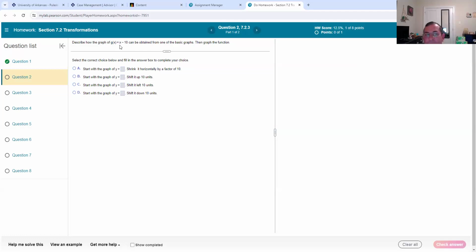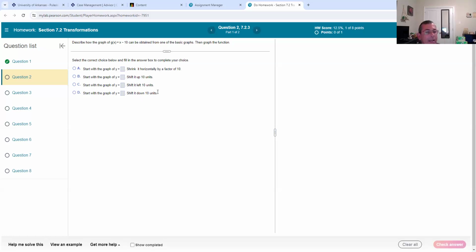So we know the basic graph is x, but they're subtracting 10 from the end of it, not in parentheses. So y'all, on that one, by subtracting 10, what's it doing to my graph? It's either going to, well, shrinking it. Like I said, we won't do no shrinking, so ignore that one. But is it going to go up 10 units, left 10 units, or down 10 units?